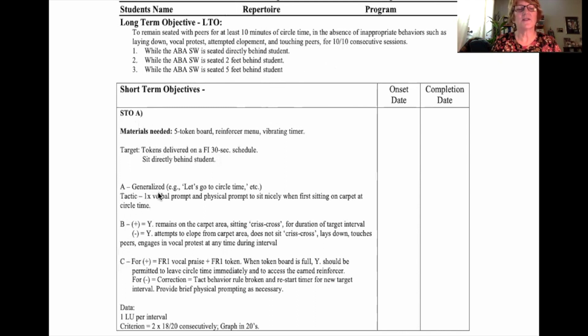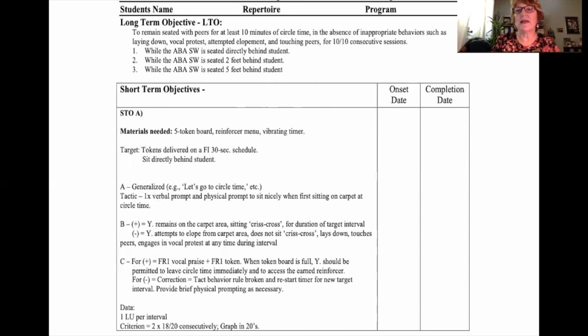So if you look at this, the antecedent will be, let's go to circle time, which is what that other teacher was doing, time for circle time, time for circle time. The problem is they didn't have a B and a C. They had no way of responding if that child did not do what they were asked to do. And also they probably made that child sit in circle time for way too long. They need to make it much smaller, reward that child right away.